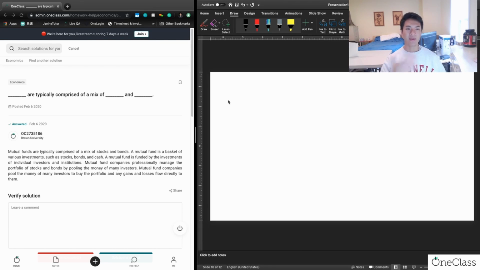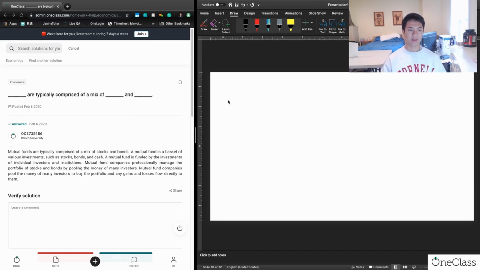But if I had to guess without looking at the answers, what we're looking at here is probably something along the lines of an investment portfolio, something finance related, where you have a mix of assets that together create a single portfolio of investments.